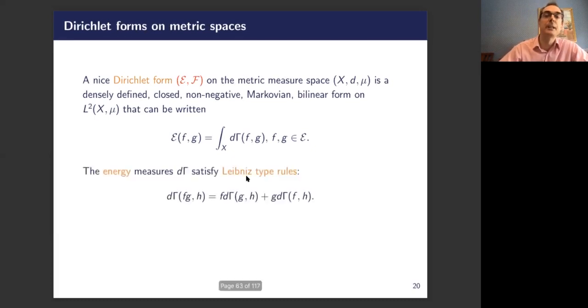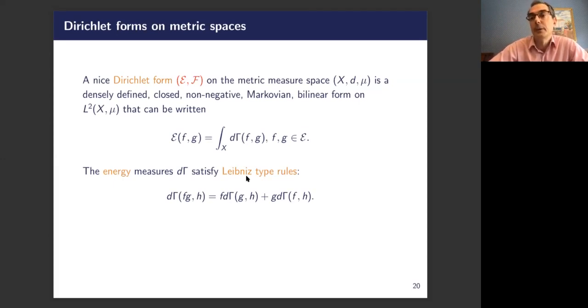So more precisely speaking, a Dirichlet form on a metric measure space (X, d, mu) is a bilinear form on the Hilbert space L2 that can be written as an integral of some energy measures that are going to satisfy the Leibniz rule.